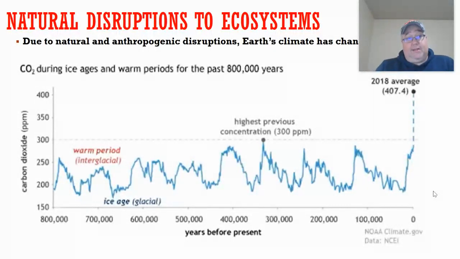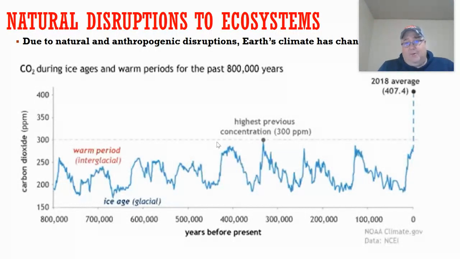It shows the amount of carbon dioxide in parts per million in our atmosphere. It starts on the right with present day, zero, and goes back 100,000 years, 200,000 years, all the way back to 800,000 years ago. We even have data that can take us further back than that.